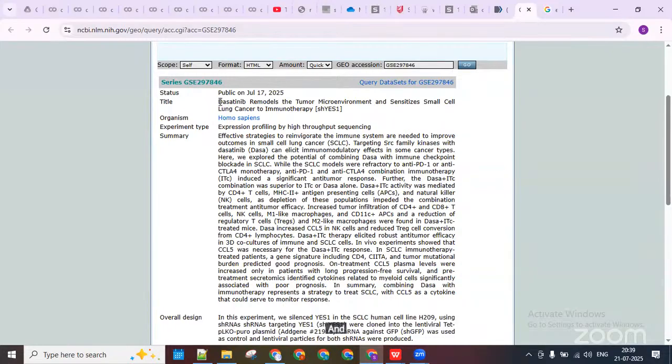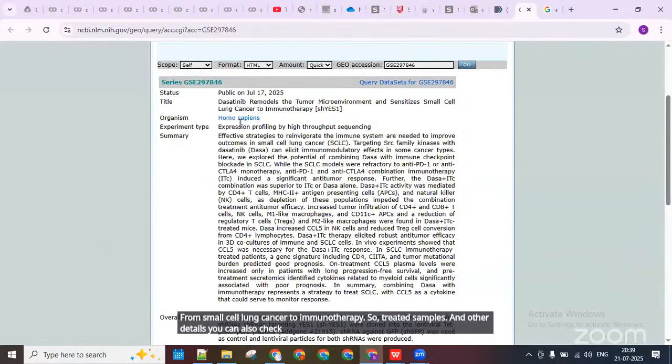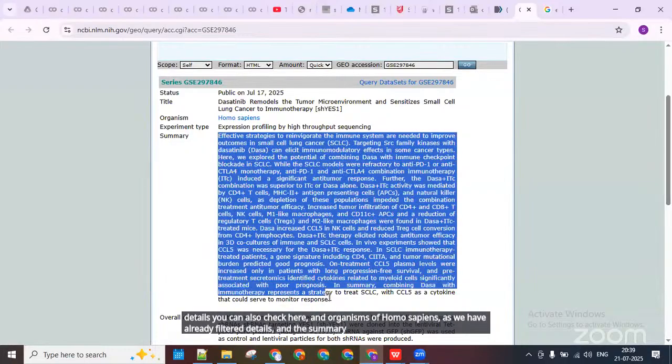The title of the data is related to tumor microenvironment from small cell lung cancer to immunotherapy treated samples. Other details you can also check here, and the organism is Homo sapiens, as we have already filtered. The summary of the experiment is mentioned here.